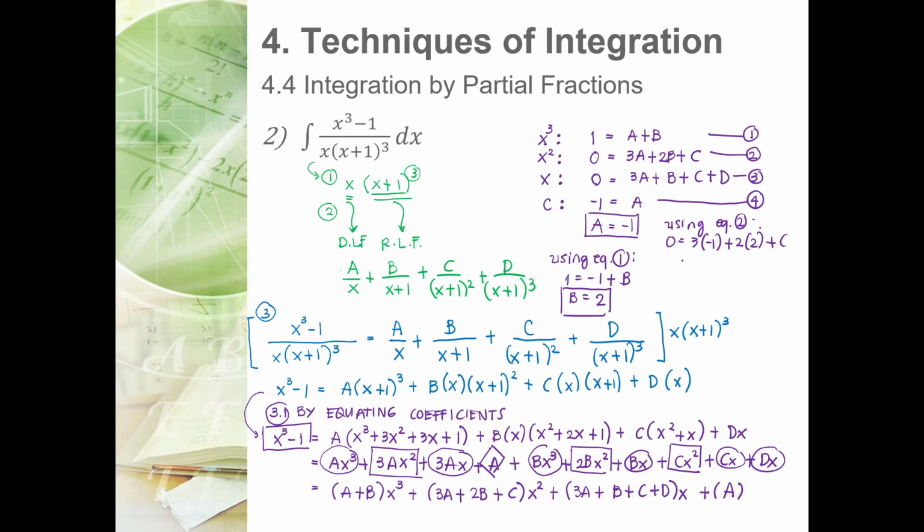Then transpose to the other side, so C is equal to negative 1. Then lastly, using equation 3 to solve for the D parameter: 0 is equal to 3 times negative 1 plus 2 plus negative 1 plus D. So D is equal to 2.